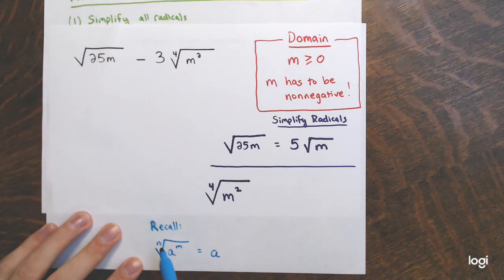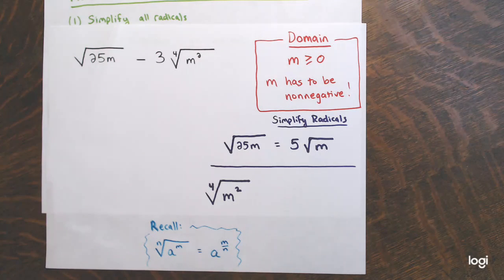When you take the nth root, that's raising to the 1 over n, or the 1/nth power, and then multiplying those exponents, you got a power to a power. You get a fraction power, a to the m over n power. Like that.